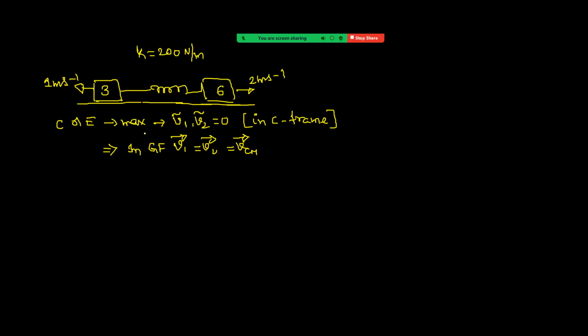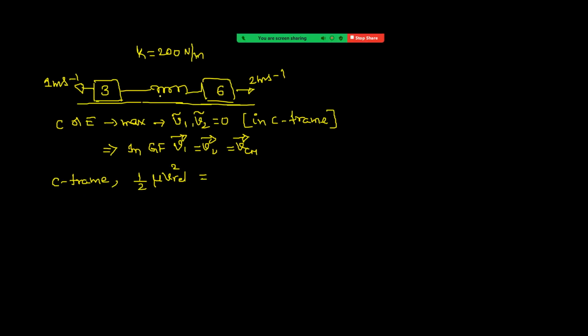Okay. Now see carefully. If I'm solving the question from center of mass frame, since there is no energy loss, I can write initially kinetic energy, that is half mu v relative square. This was the kinetic energy of the system.